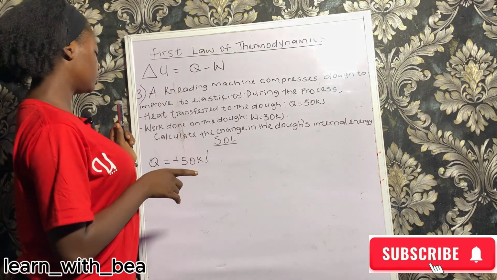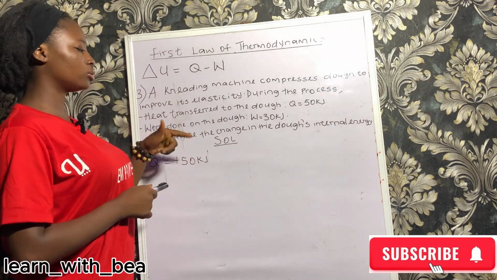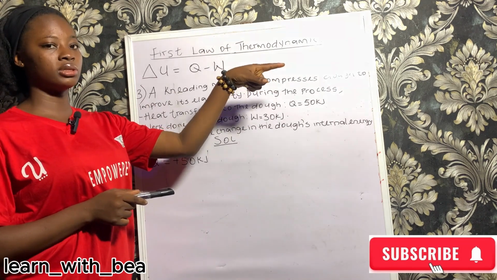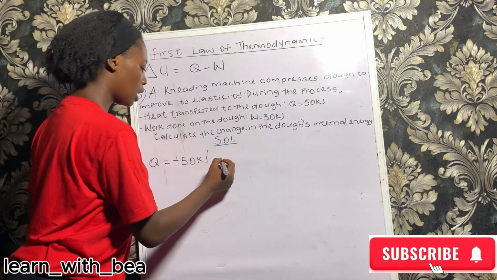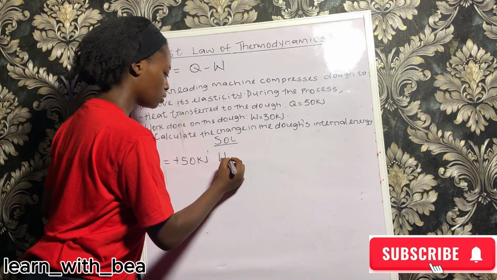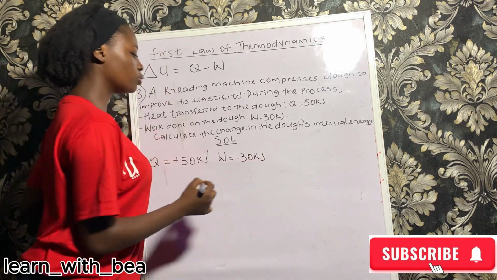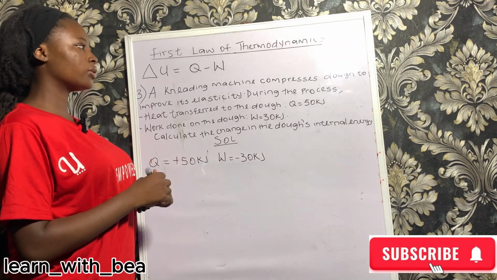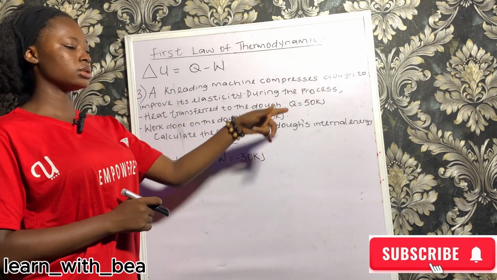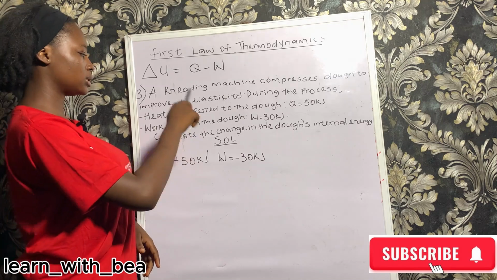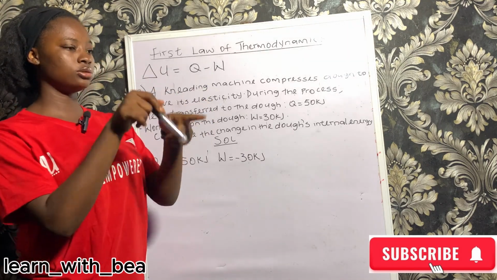In fact, aside from the fact that they said work done on the dough, they already mentioned that it compresses. So we should know that our W would be minus 30 kJ. So we were given 2 hints. The first hint was that it compresses, and the second hint is that work is done on the dough.